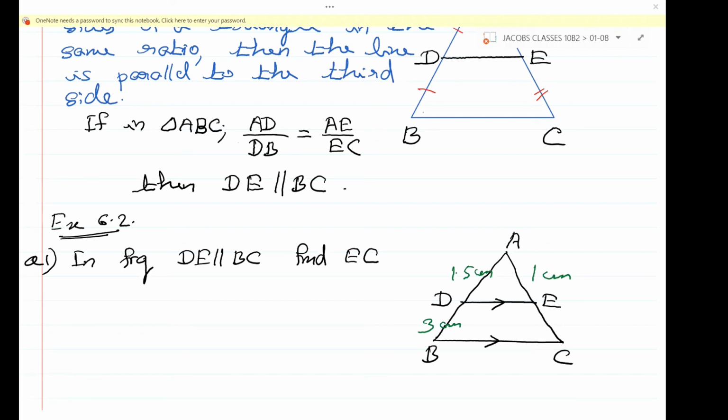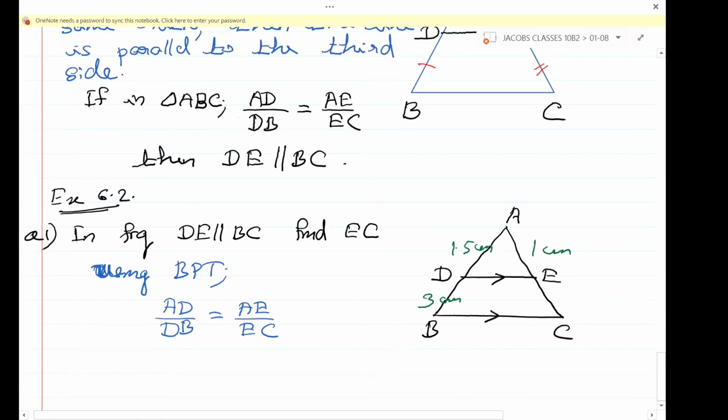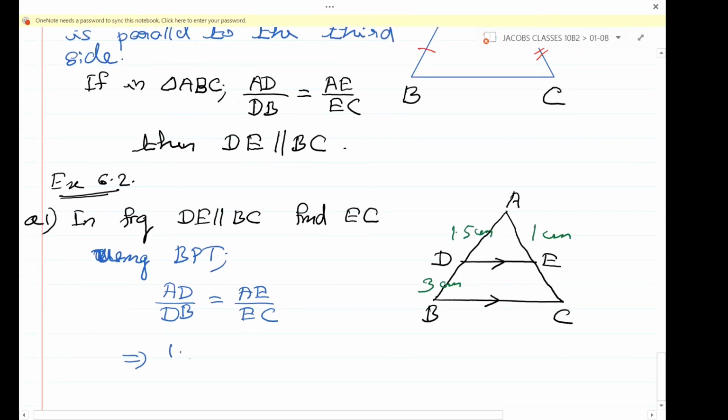We can write AD by DB by basic proportionality theorem. So using basic proportionality theorem, we can write AD by DB is equal to AE by EC. Then we just substitute: 1.5 by 3 is equal to 1 by EC, and from there you will find EC.